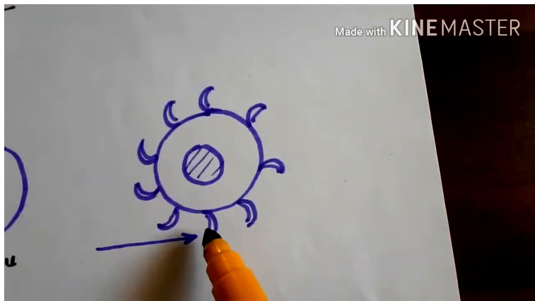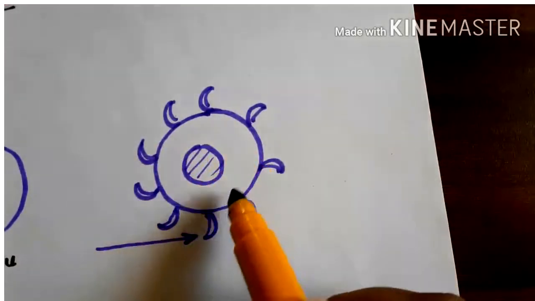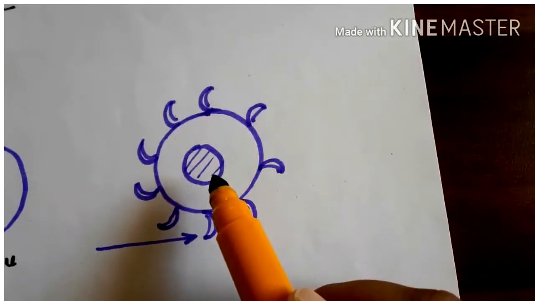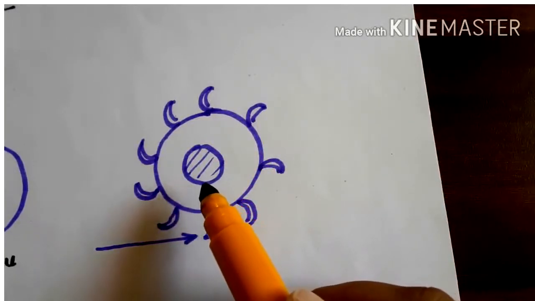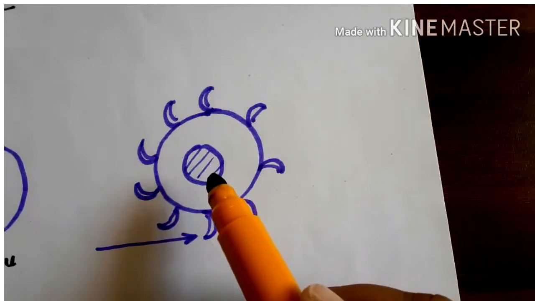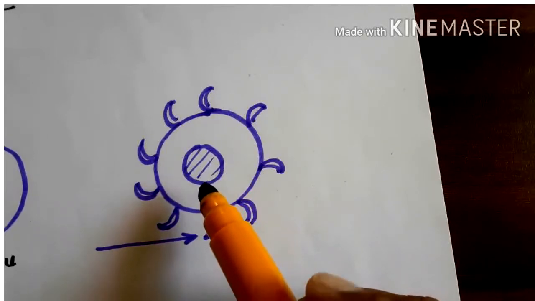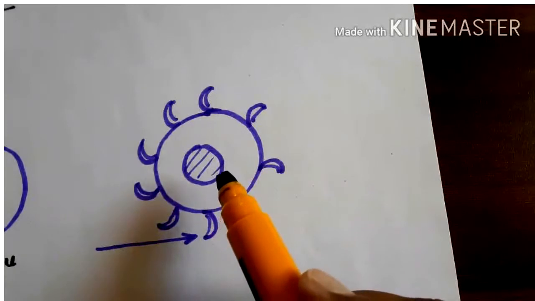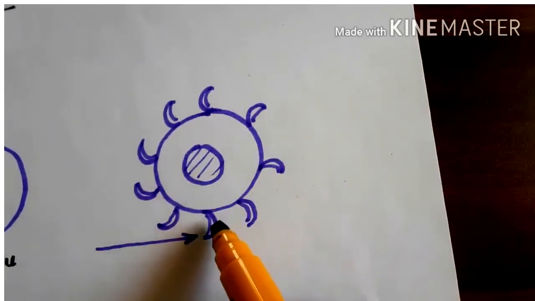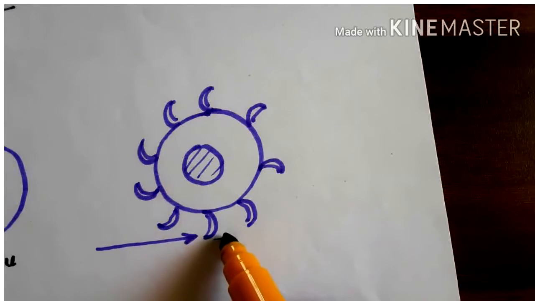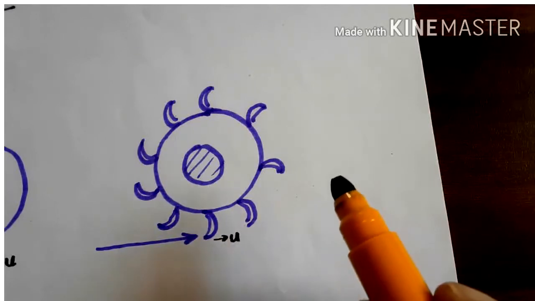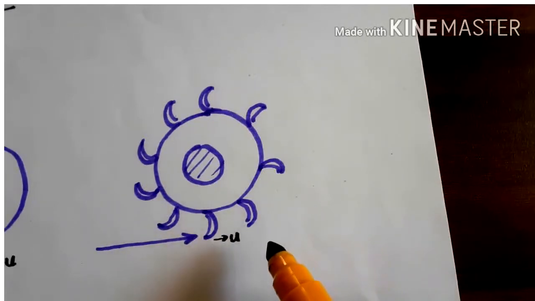So if we have a series of vanes mounted on the impeller like this, there is a continuous series of plates arranged at a fixed distance apart, so that each plate moves with a velocity u.